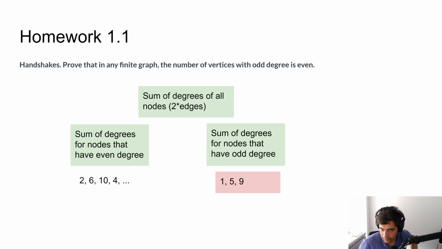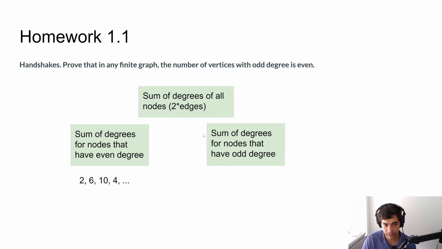If we were to add an odd number of nodes' degrees up, for example, 1, 5, and 9, a sum of an odd number of odds gives us an odd number. It's starting to sound like a tongue twister, but if we were to add an even number of odd numbers, we're going to get back an even number, right?